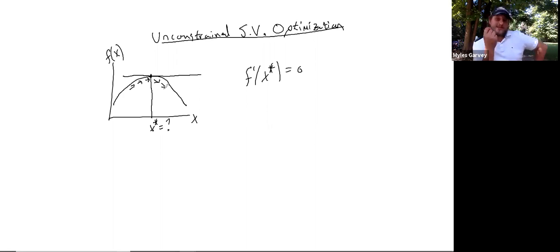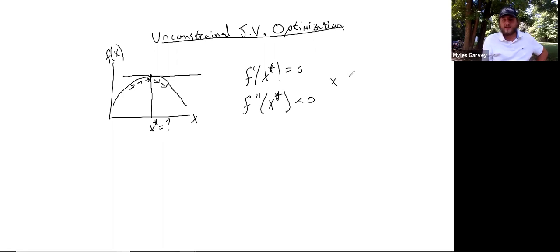And the only way that can happen is if the rate of change of the derivative, that is the slope, how the slope changes from left to right, is negative, because it needs to be negative in order to convert the slope from positive to negative, right? So a second thing that needs to hold true at this point is that the second derivative needs to be negative.